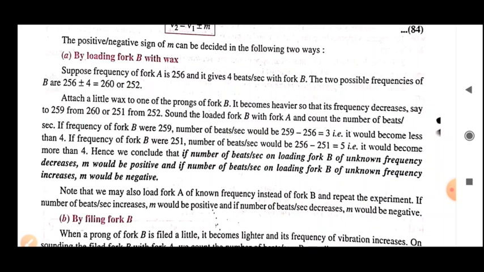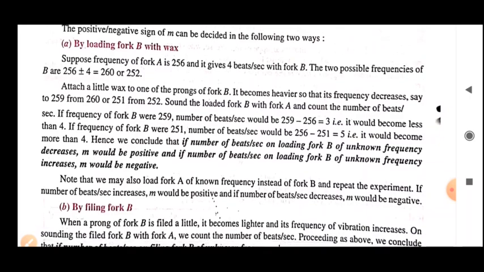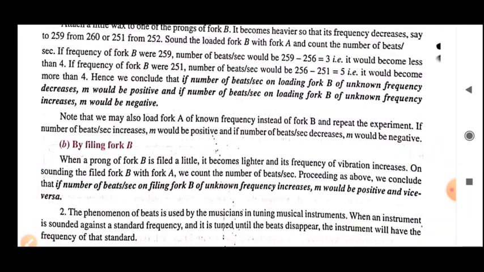Now if the frequency of fork B were 251, the number of beats should be 5, which is greater than 4. In that way, just by counting the number of beats, you can conclude whether the sign is positive or negative. So this is the way in which we can very easily calculate the unknown frequency.